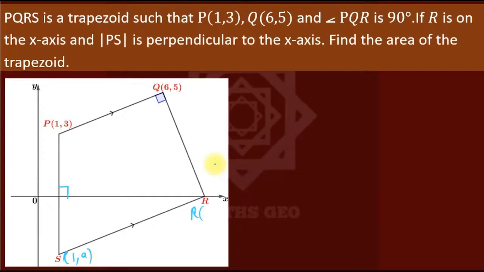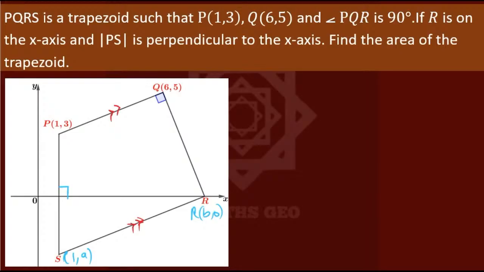The y is always 0 since it's on the x-axis. For this to be a trapezoid, as you can see, this line is also parallel to this. Yes, that's the condition for a trapezoid. It has one pair of parallel sides.